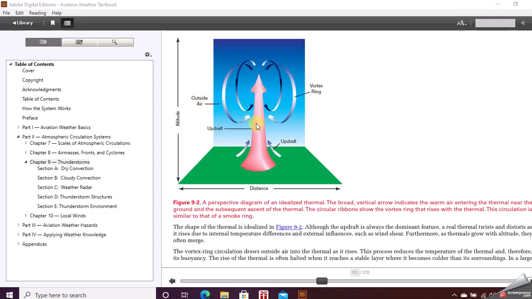When they rise, they bring in air from the outside into that column of air, creating these vortex rings as they're shaped here. And if you were to fly your aircraft through there, you could just get into this circle around that upper rising air and just stay right in that vortex and really get a heck of a nice ride out of the deal, probably for your glider pilot.